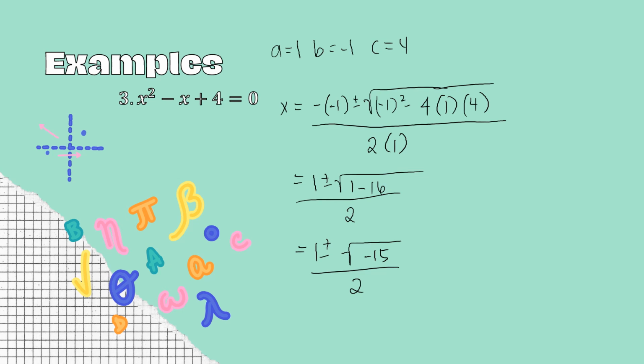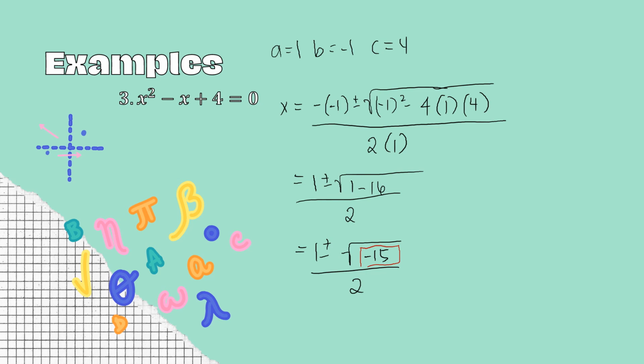So as you can see, the number inside the square root is negative. So when you factor out negative 15, it would give you an imaginary number, which is i. So that means that there is no real solution in this equation because the square root of a negative number is not a real number.